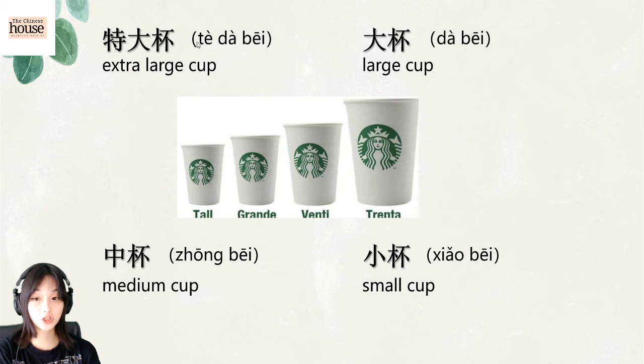And then extra large cup, 特大杯. 特 first tone, has the meaning of extra or special. 特大杯. And large cup, 大杯. Large is 大, fourth tone. 大杯.